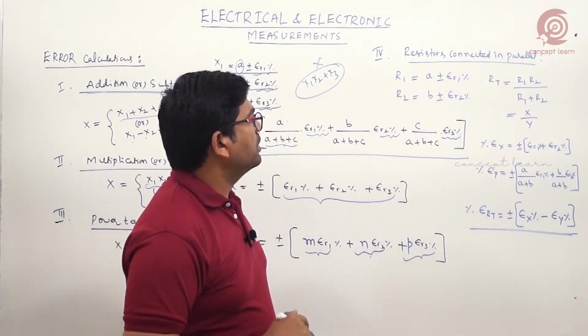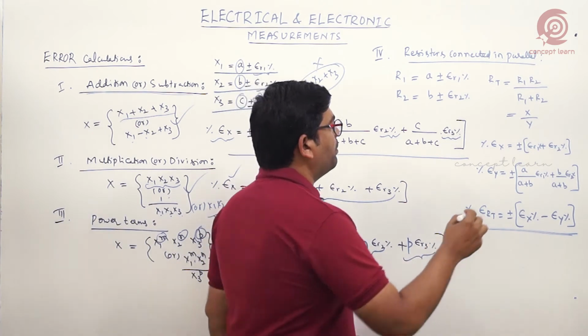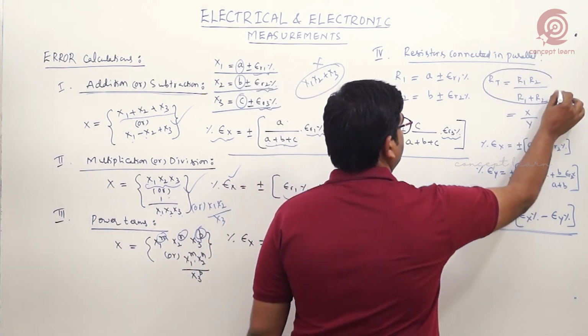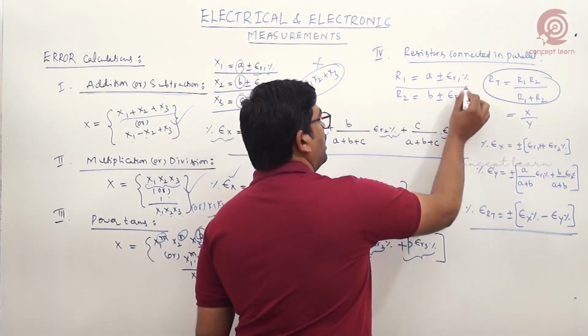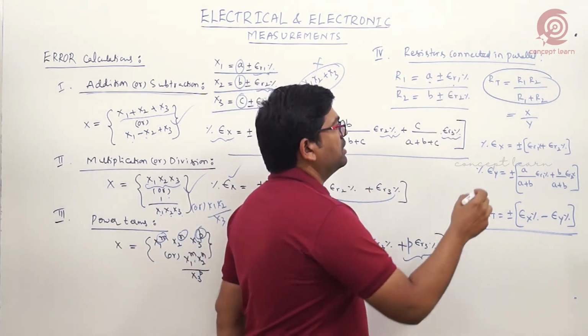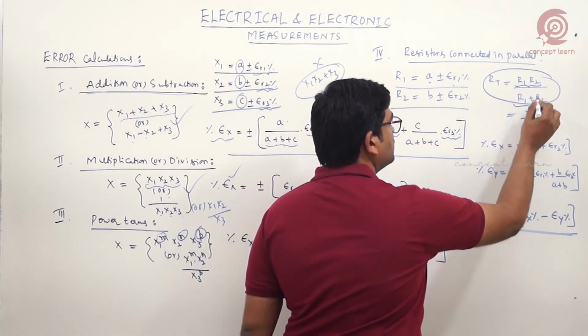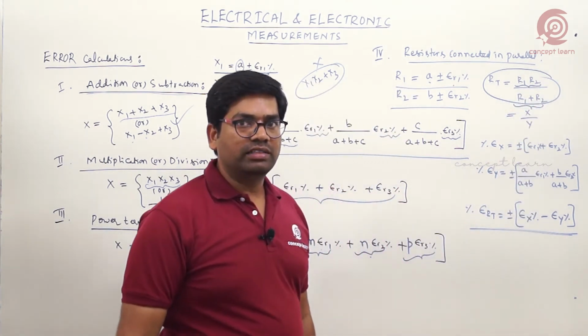Another model is there. What is that? When resistors are connected in parallel, the composite function is different now. Whenever R1, R2 are given with nominal values and percentage errors, the parallel combination R1, R2 is associated with multiplication, and R1 plus R2 is associated with addition.